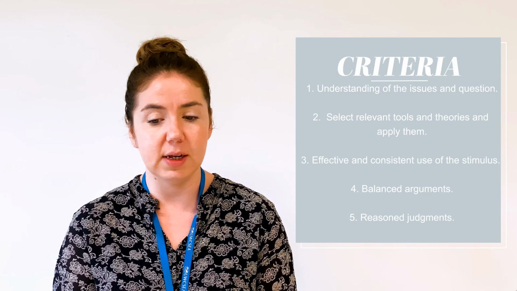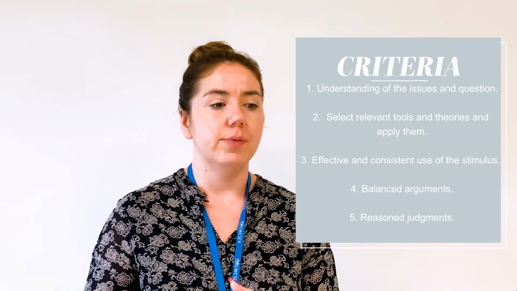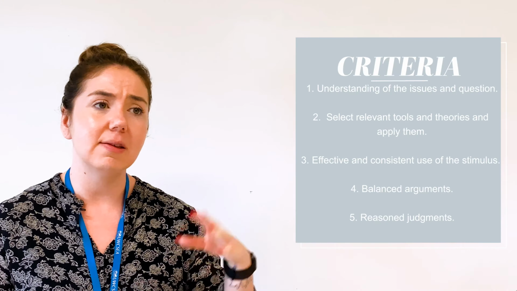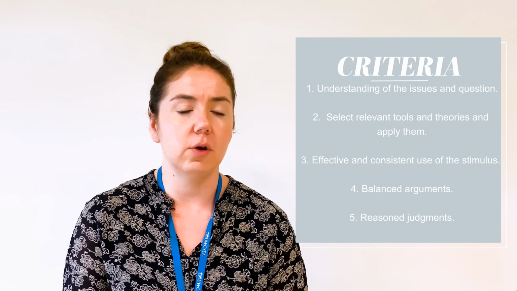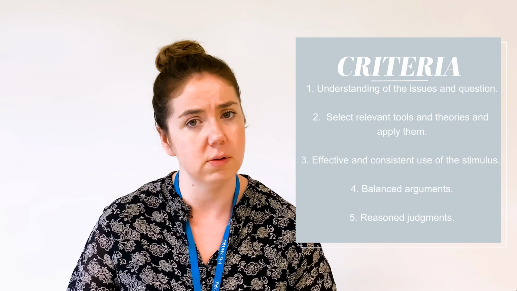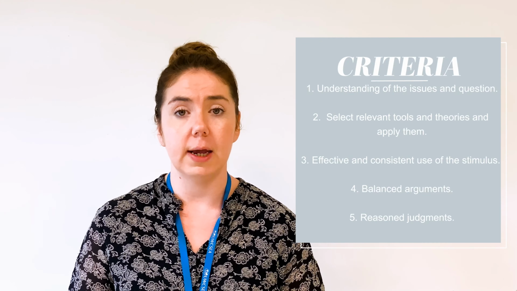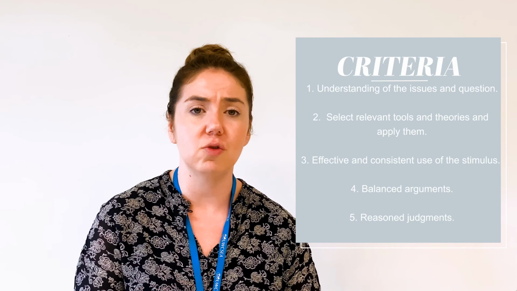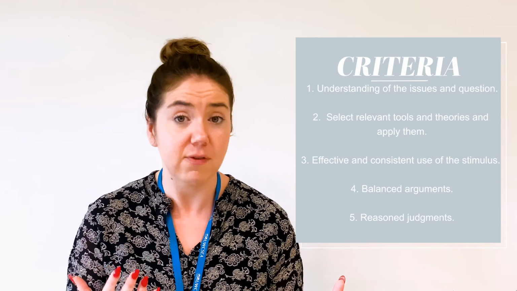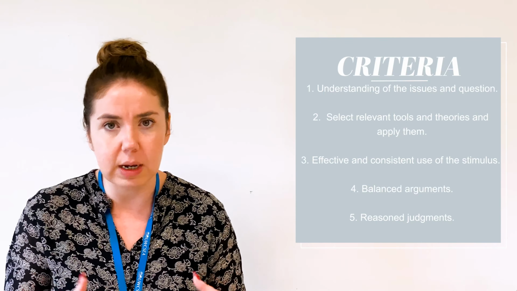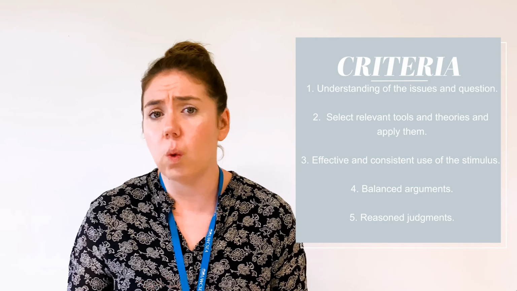Assuming you're using the case study, have you got balance? The 10 marker, unlike the 6 and 8, really emphasizes the balance of your argument. If you give me 1 pro and 6 cons, it's not balanced. You need to have given me some degree of perspective on both sides. It doesn't have to be even, we're not talking like 3 and 3, but it shouldn't be 1 and 4.